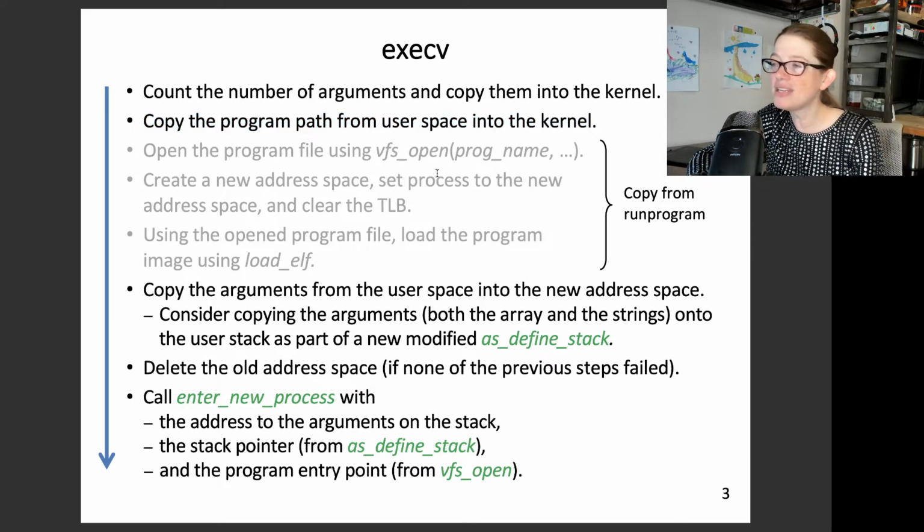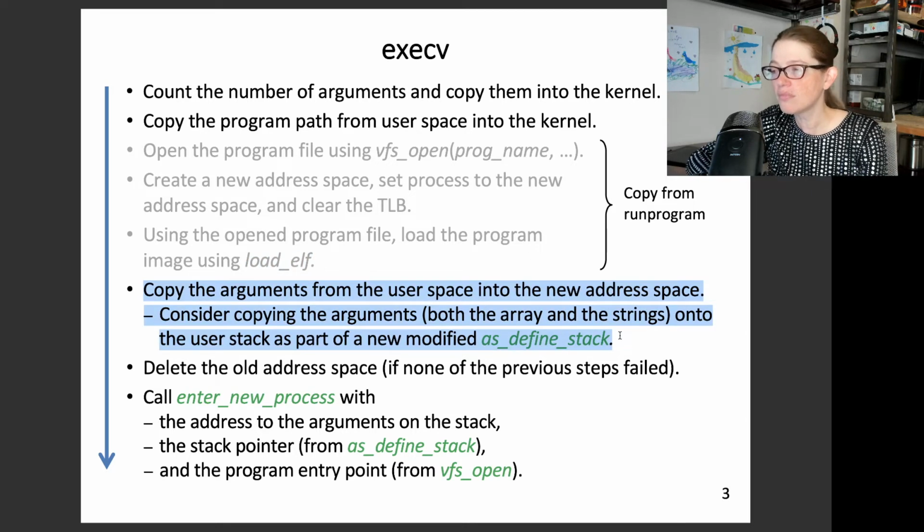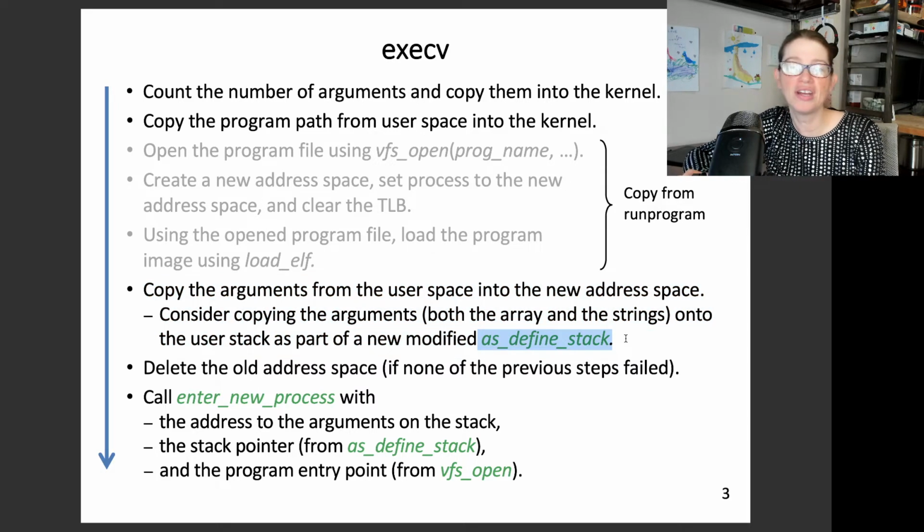So then you go about your business with creating the address space, exactly the stuff we copied over from run program. But then after we've loaded the address space with load elf, what we need to do is create the user stack. Now, before we had as_define_stack and it just created an empty stack for the user program.